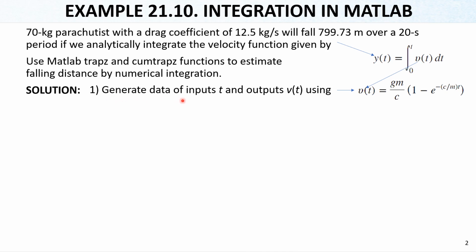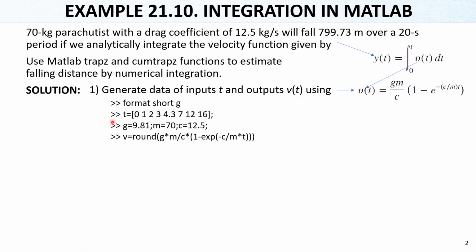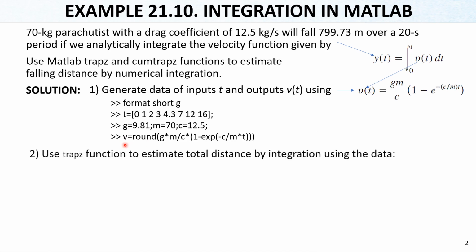Let's first generate data of inputs t and outputs vt by using this function. Let's say we want to get the t values for 0, 1, 2, 3, 4, 7, 12, and 16 seconds. These are the inputs, and when we calculate and round them, we can get the velocity.